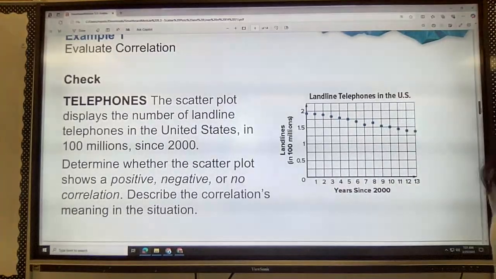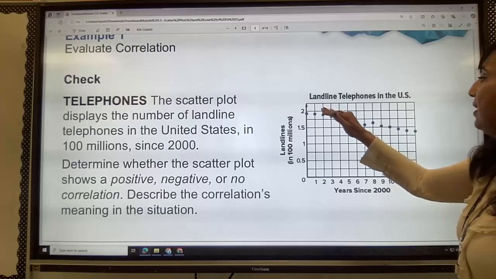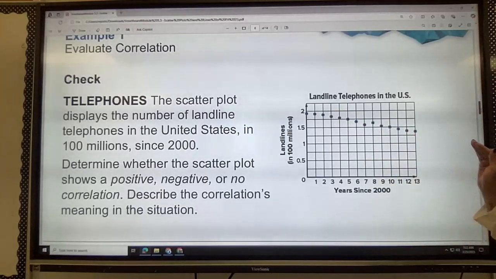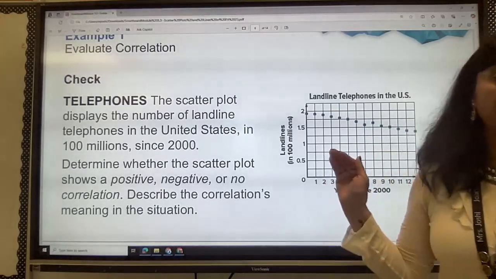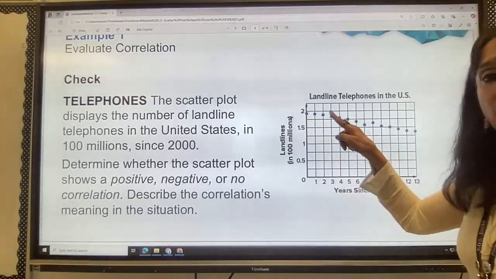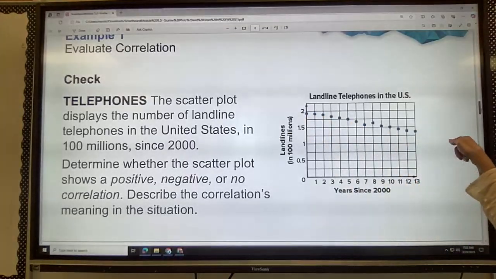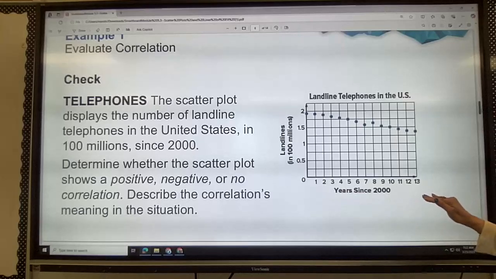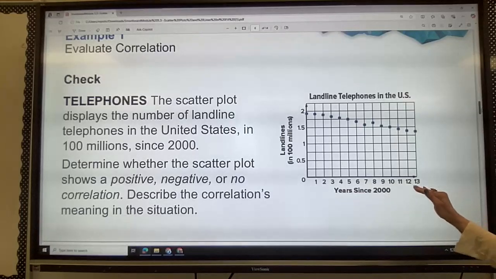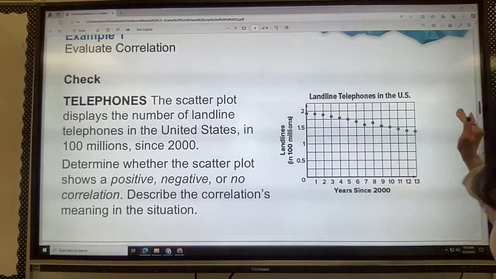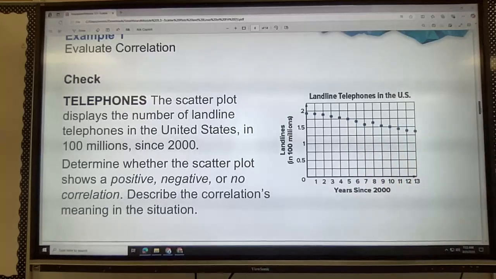So if I'm looking at this, what do you see? I see that there is a decline. So what kind of correlation is it showing? This is a negative correlation because it is going downwards. And so as time increases, the number of landlines generally decreases. And that's what this correlation means.